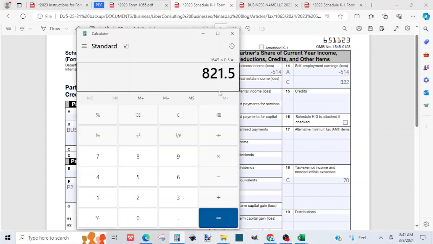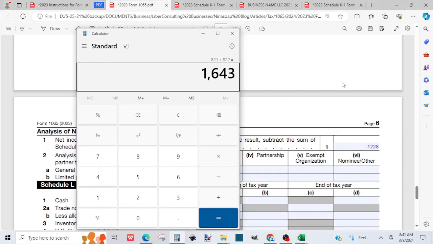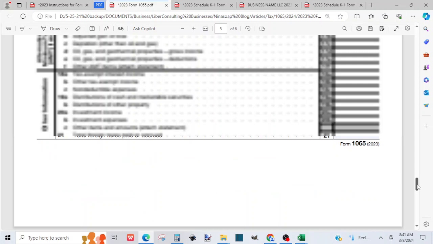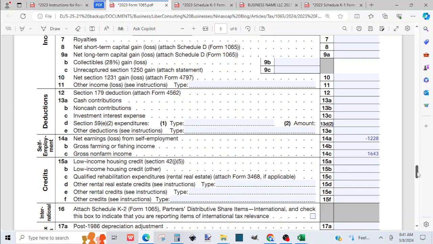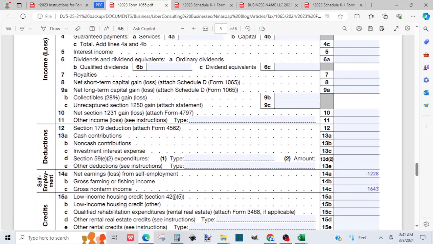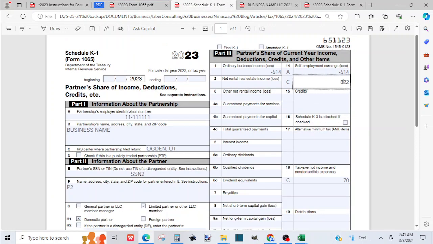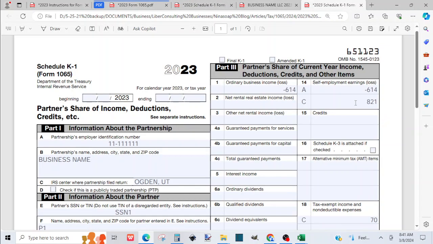That's why we use 1643 times 50% to find that number. If I'm using this, then I need to use this to find the full amount that was on Schedule K, 14C. The full amount. So those are things to consider. The software will do it automatically for you.